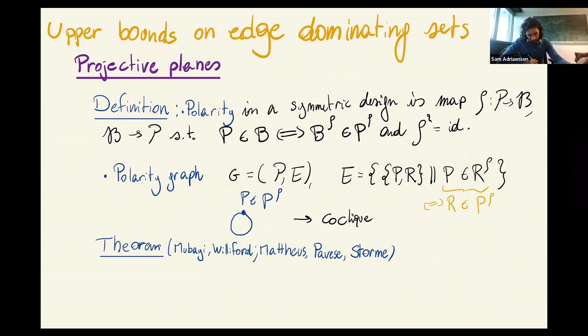And the size of the co-cliques in this polarity graph has been investigated in different papers, one by Williford, one by one of my co-authors, Sam Adriaensen, together with Pavese and Storme.